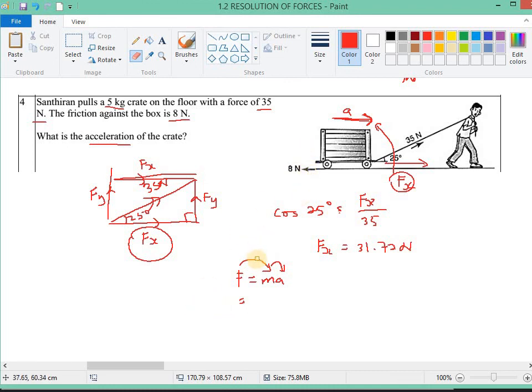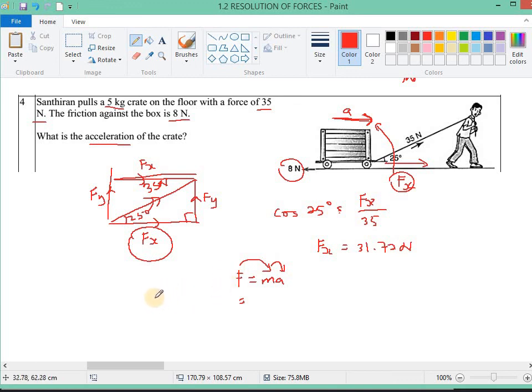Okay, there is friction. So that means this force that is responsible for this mass to have this acceleration is the resultant force between 31.72 and this 8 Newton, because they are opposing each other. 8 Newton is in the opposite direction of the 31.72.